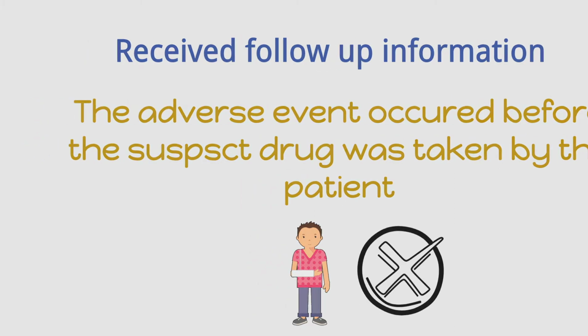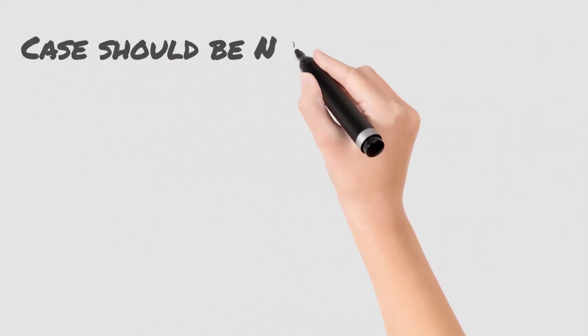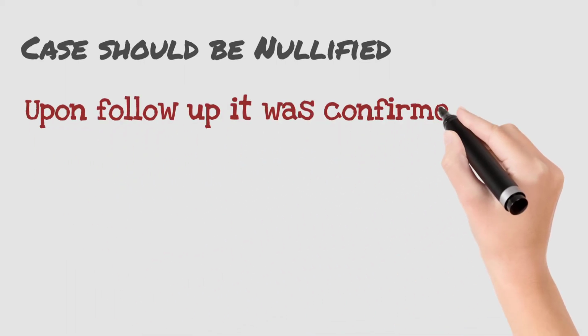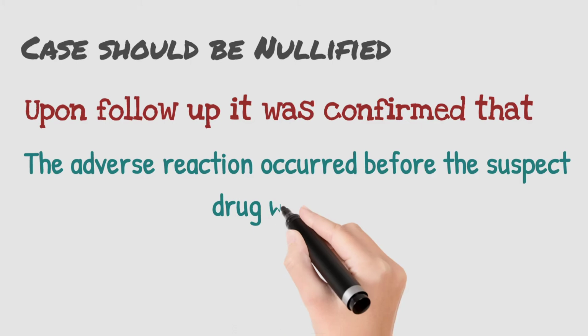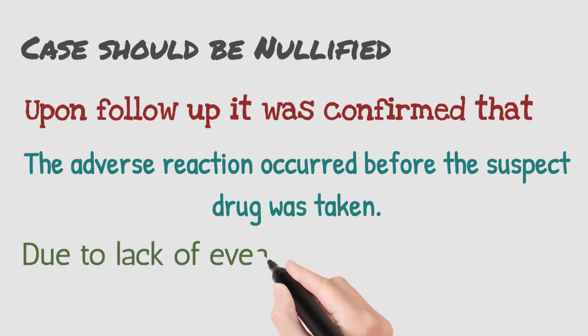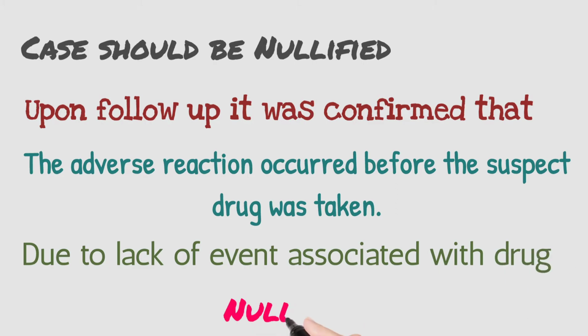In such a scenario, this case should be nullified. And while resubmitting the case to the regulatory authority as a nullified report, we need to write in the narrative section of the case: upon follow-up, it was confirmed that the adverse reaction occurred before the suspect drug was taken. Hence, due to lack of an event associated with the drug, this case is treated as a nullified case. Now this follow-up report is considered a nullification notification from the pharma company to the regulatory authority.